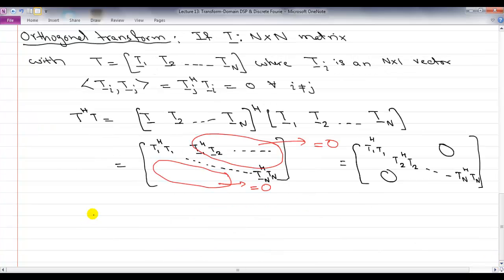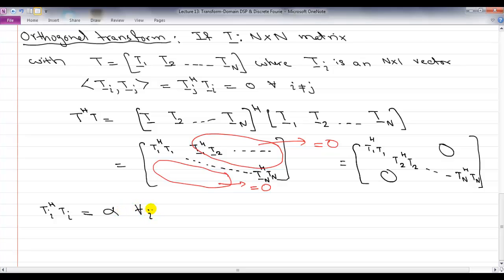Let's make another simplification and assume that Ti Hermitian Ti, the inner product of my columns with themselves, which is simply the sum of the squares of all the entries in my columns, is equal to some number alpha for all i.